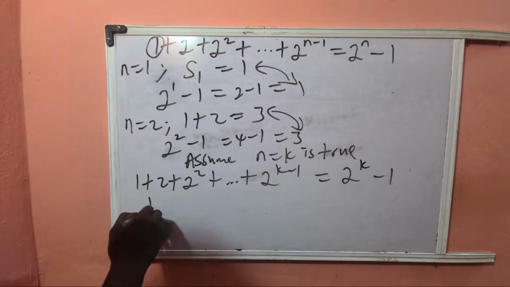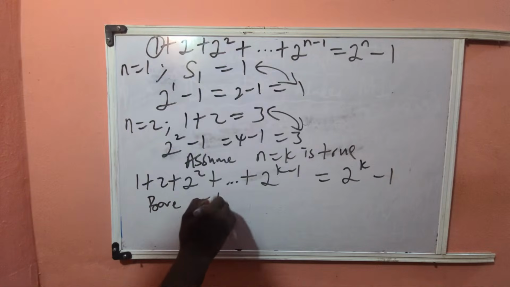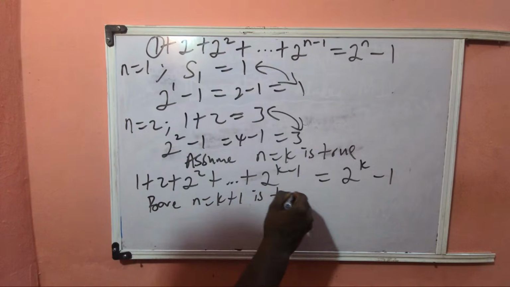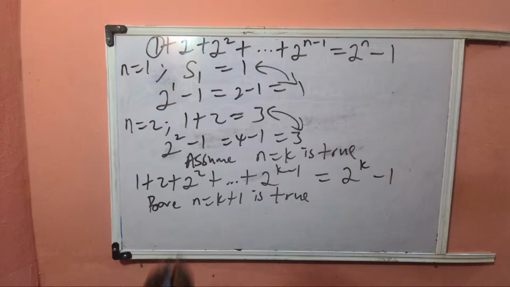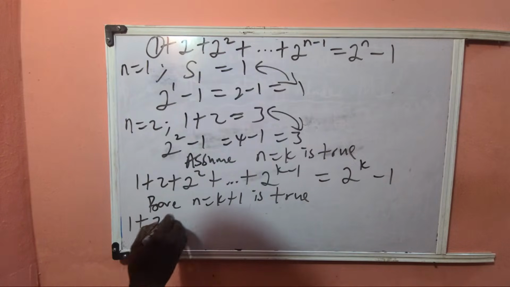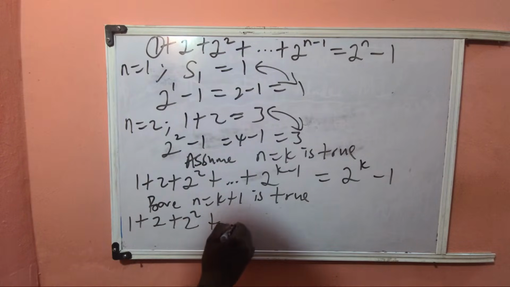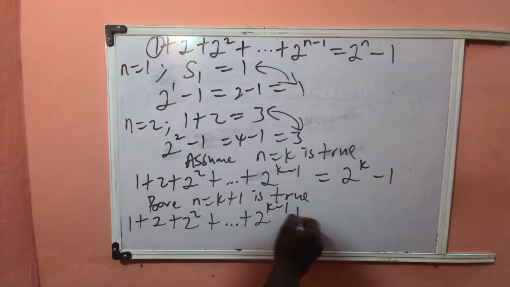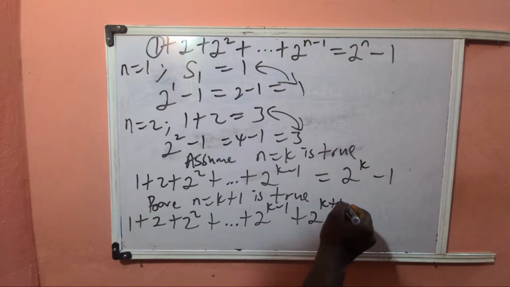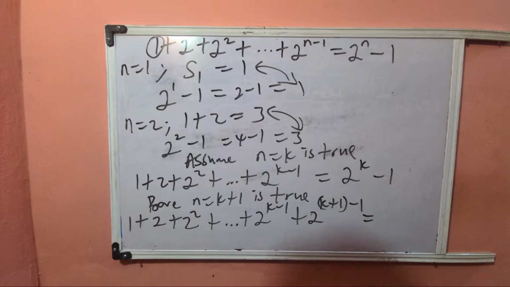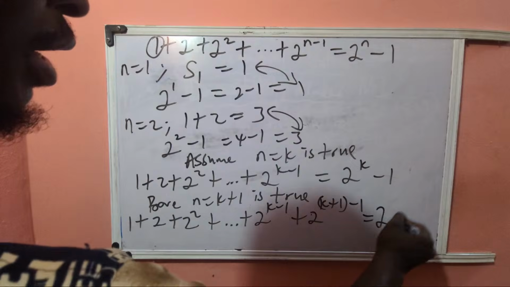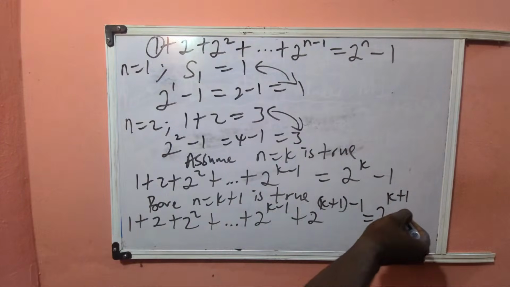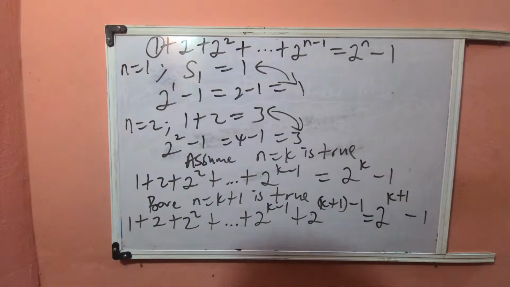Then you prove that n equals k plus 1 is true. How do you prove that? That will be 1 plus 2 squared plus ... plus 2 raised to power k minus 1, then 2 raised to power k plus 1 minus 1. This must equal 2 raised to power k plus 1 minus 1.